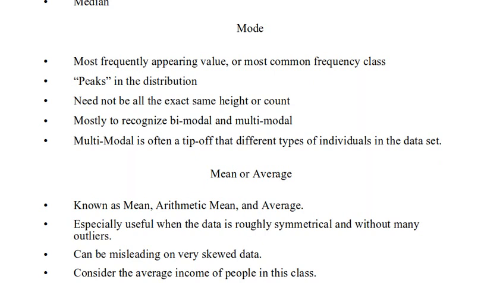So, for example, consider the income of people in this class and then find the average. Add it all up and divide by the number of us, and you'll get the mean income of people in this class. Now, I'm going to illustrate how susceptible that is to an outlier. One data point that's very far from the rest.